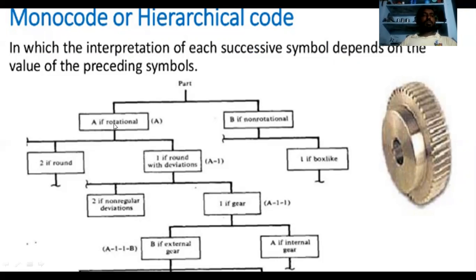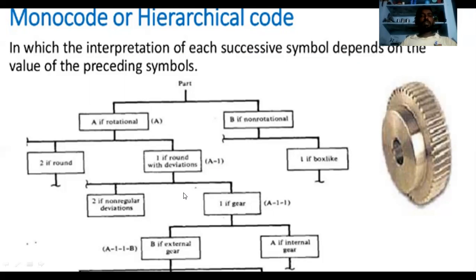In rotational parts we have some further classification. Again from A onwards, we can go for 1, 2. If round, A-1. If round with deviation, we can go for A-1.